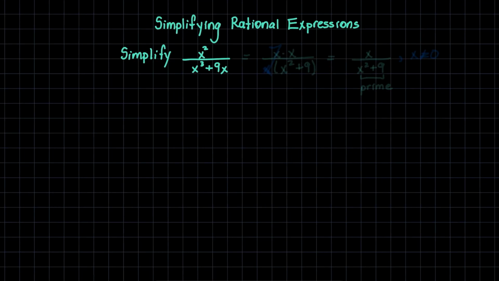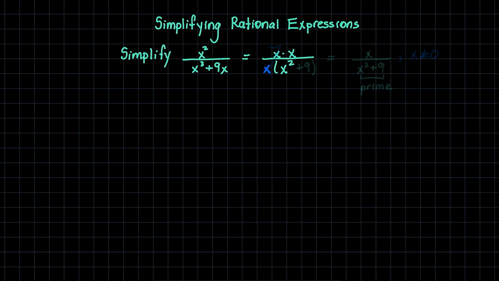Our next example, let's simplify x squared over (x cubed plus 9x). So our numerator factors to x times x. Our denominator has a GCF. Both terms have at least one x, so we can factor out an x. X cubed divided by x is x squared.